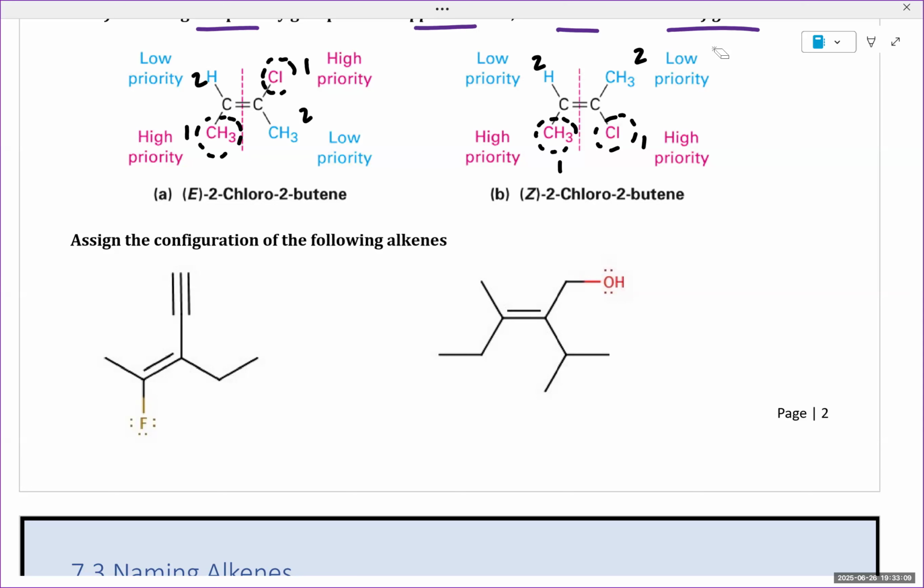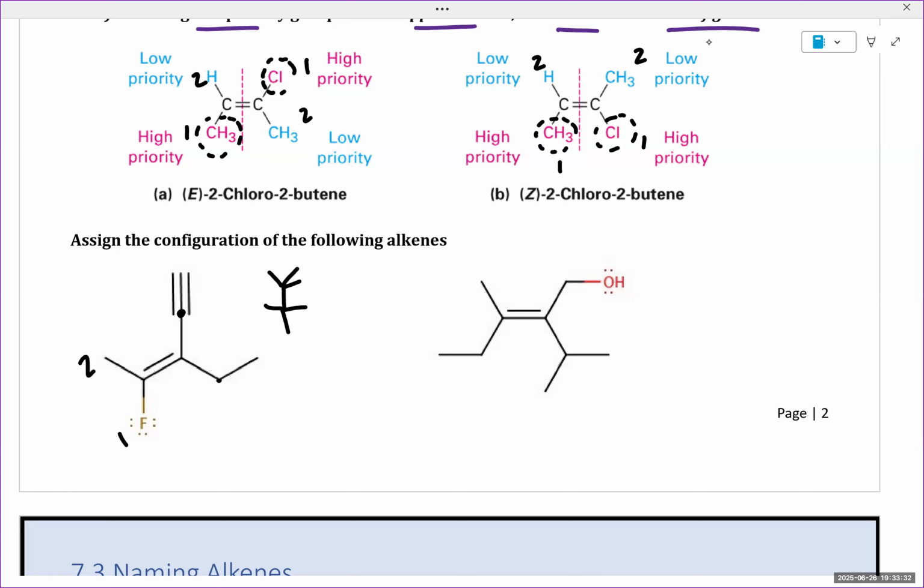So first and foremost, let's start with this left example. Fluorine is higher priority than carbon. Additionally, this alkyne, remember, an alkyne is really treated as if there are two additional carbon-carbon bonds connected to the alkyne carbon.